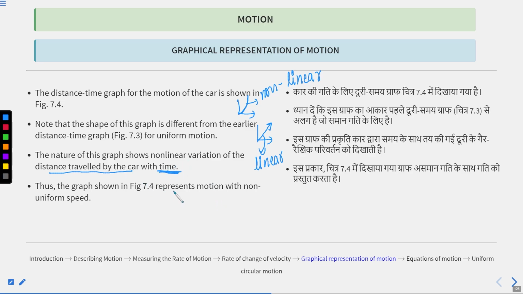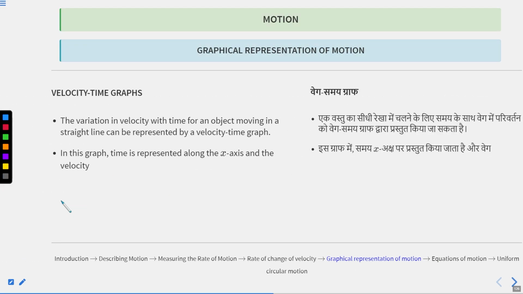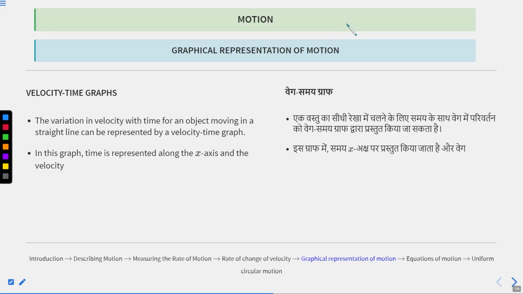So that curve represents non-uniform motion or non-uniform speed. Is it clear, class? And that curve represents acceleration or retardation. If the curve is increasing, then it's acceleration. If the curve is decreasing and is not a straight line, then it is a retardation.